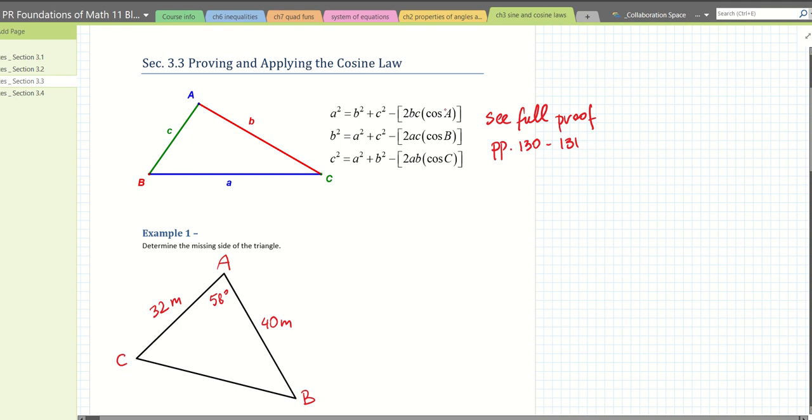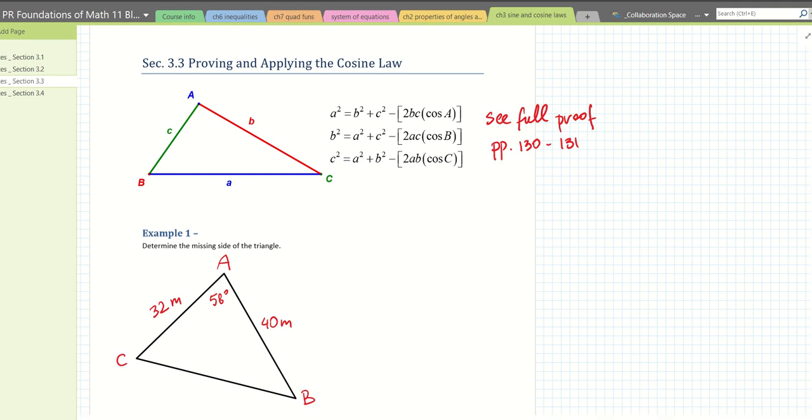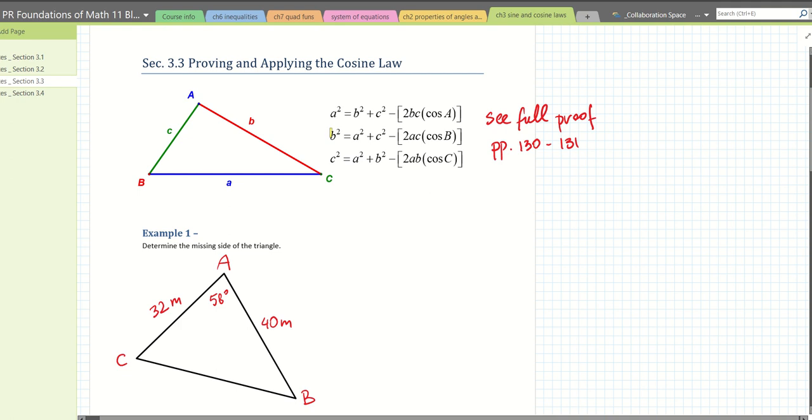So if you're looking for side a, a squared equals b squared plus c squared minus 2 times b times c times cos A. And then the pattern repeats, but if you're looking for side b, you're going to end up with a squared plus c squared, the other two letters, and the angle B appears in the cosine there.